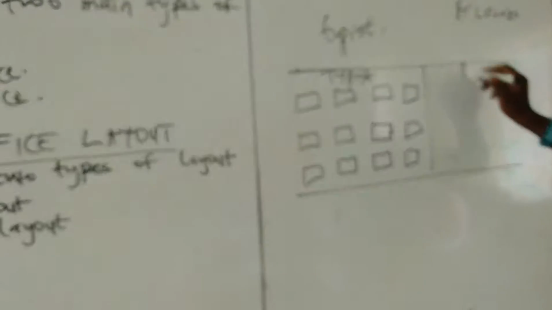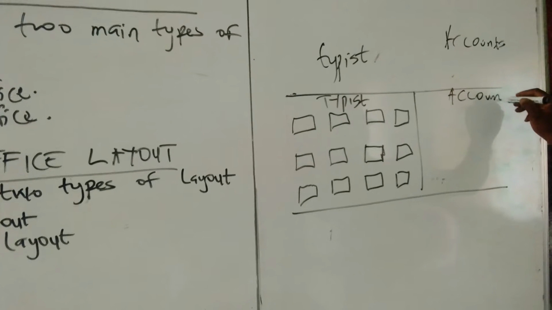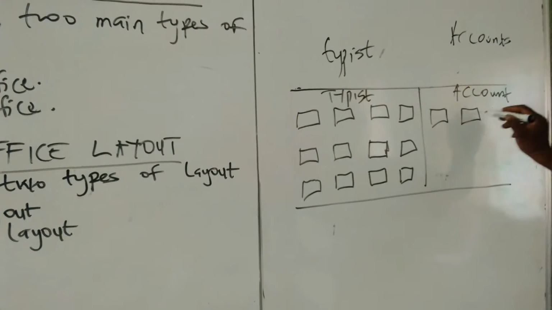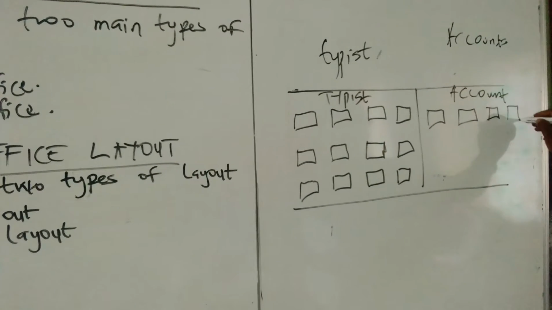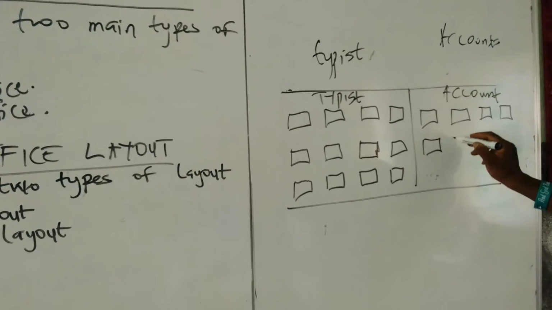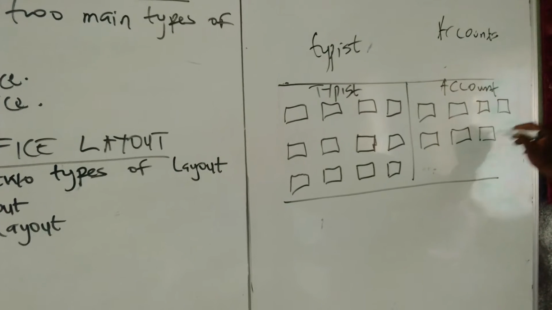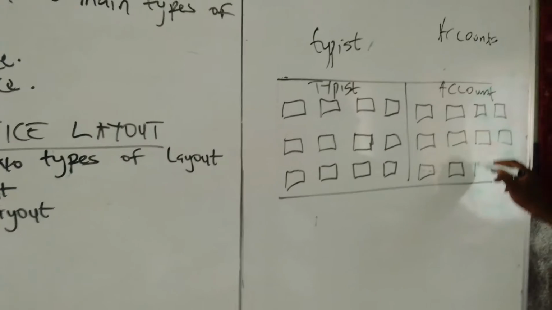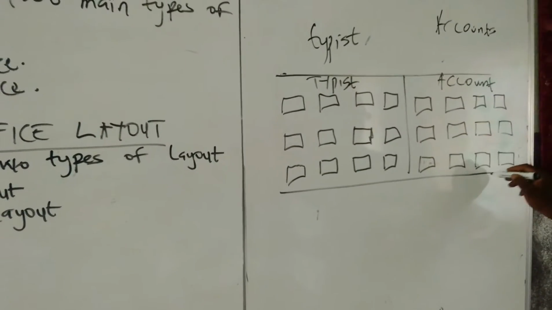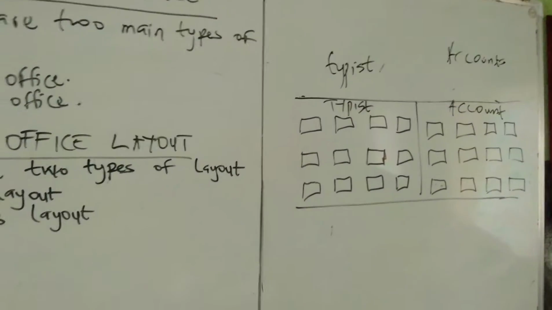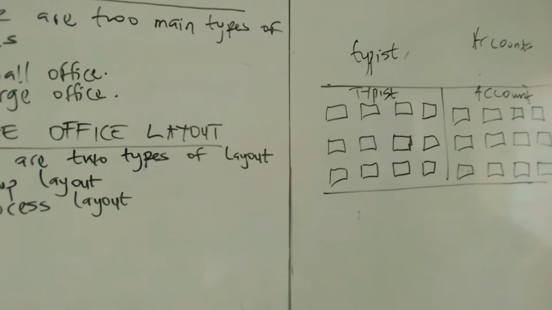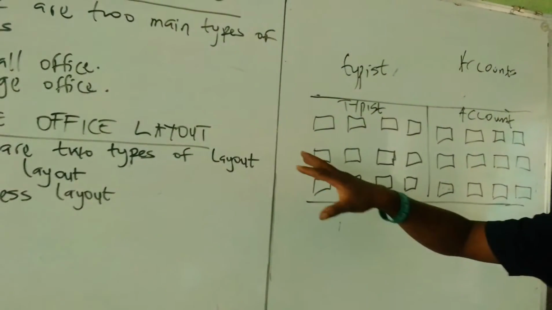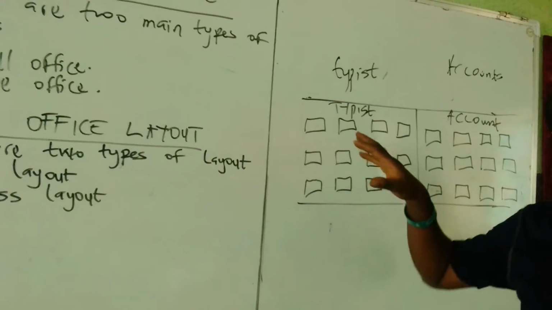Then this is the layout for the account section of the organization. Also, you have them like this. Now, you can see this. These are the staff. These are their desks. These are their desktops. Is that clear to you? I'm representing them dramatically now.